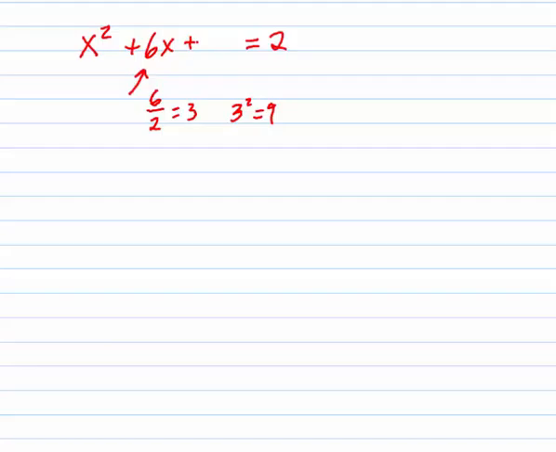And we add that to both sides, plus 9. Now this turns out to be a perfect square. That is equal to x plus 3 quantity squared, right? That's x plus 3 quantity squared is equal to 11.